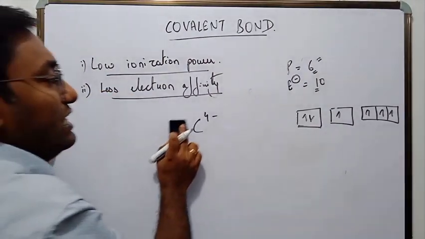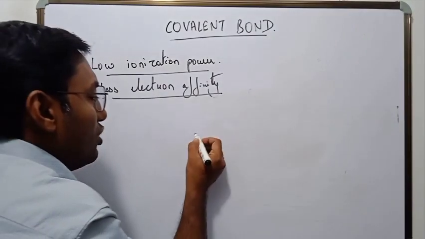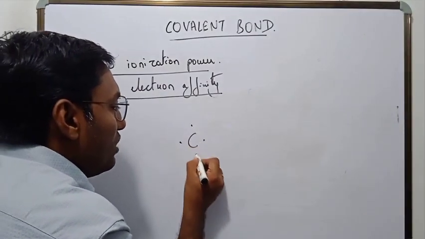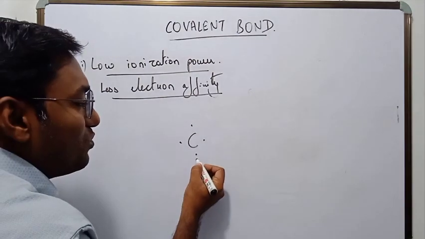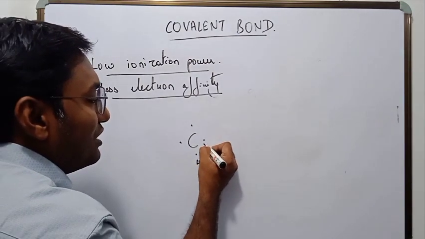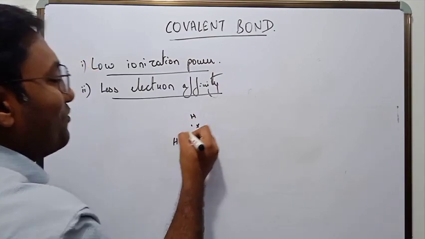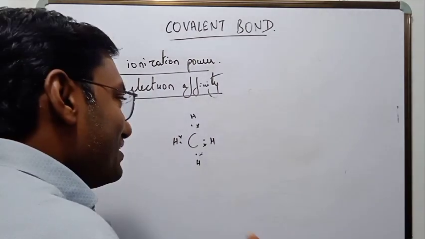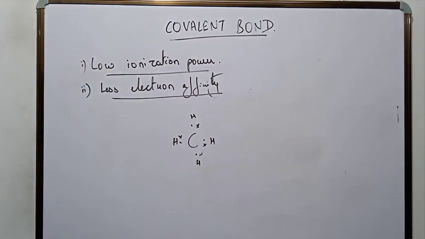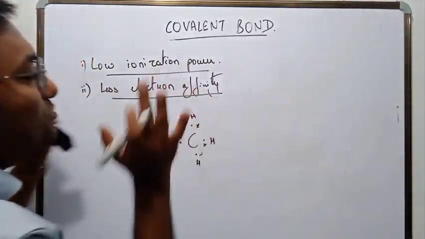It would neither gain electrons nor lose electrons. Now the only option for the 4 valence electrons of the carbon is to go for mutual sharing of electrons with 4 atoms, or with 2 atoms.